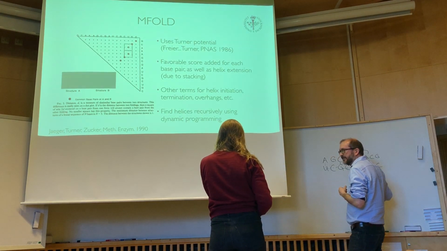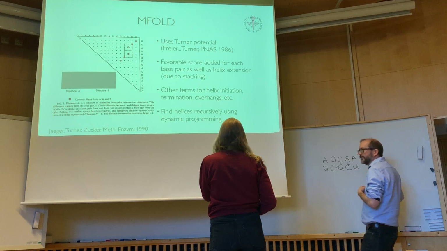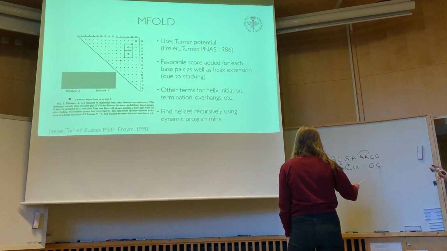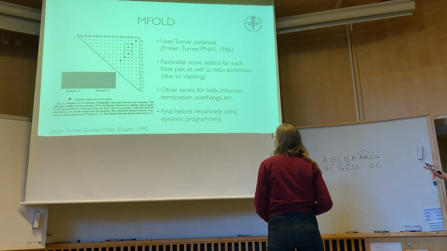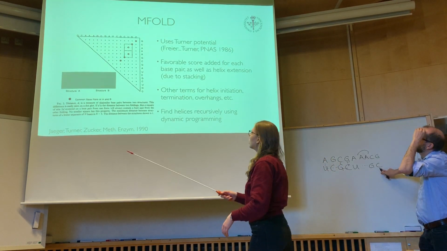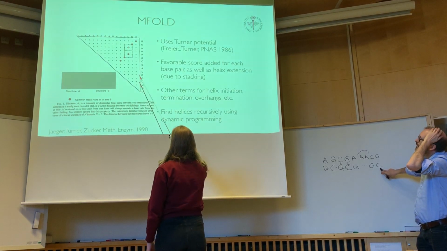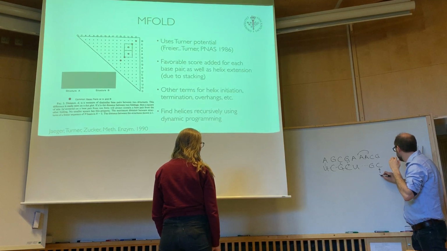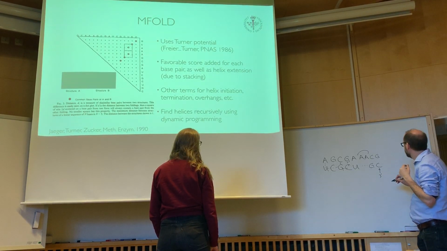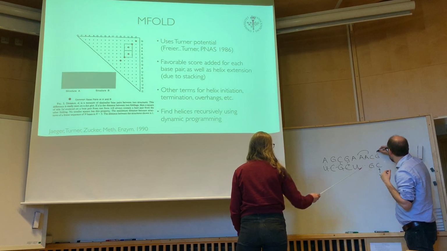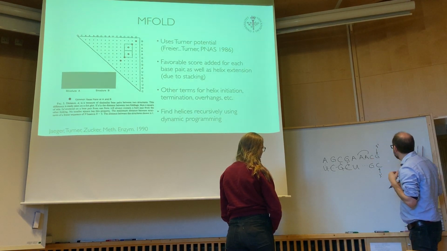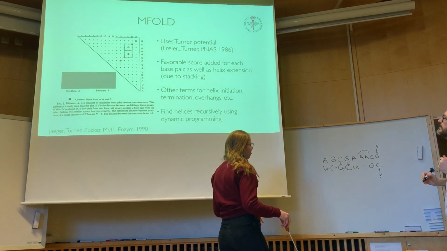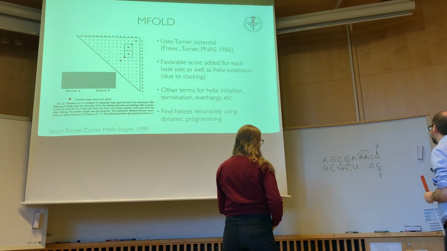So where's the 5 prime end? Is it this, here on your diagram? I don't know which one is which, but this one is one end and this one's the other end. Can you point to the C there? This one. Oh, that one. Oh, yes. Okay. So this is the 3 prime. And then this is the 5 prime end. GCAA. Okay. Now I got you. Here, let me try.